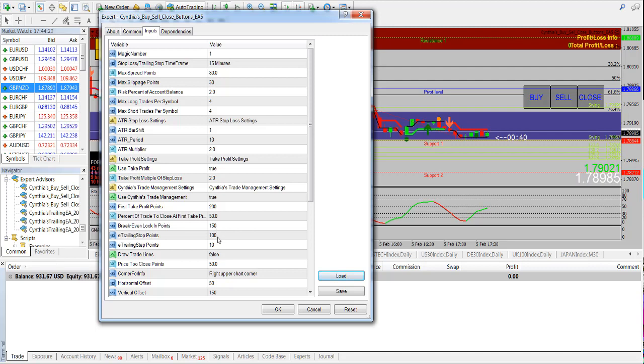So it's actually a difference of 5 pips. That's a very tight trail, and it'll move your trailing stop 1 pip at a time. That's 10 is equal to 1.